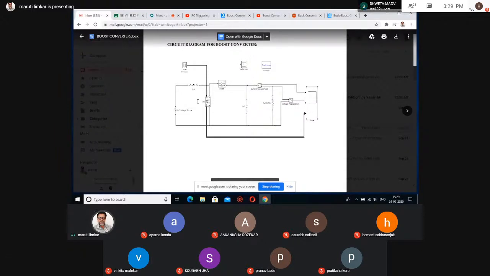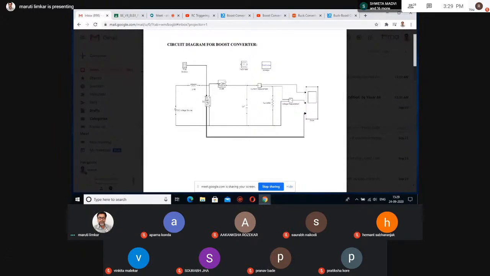For this, we will require the pulse generator. So select the pulse generator from the library and keep it here.